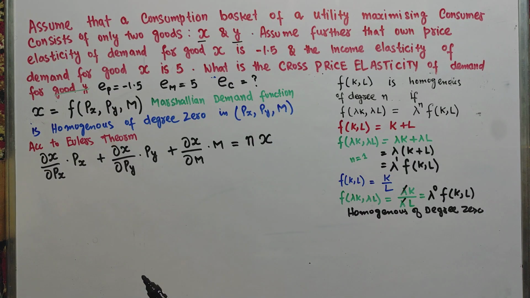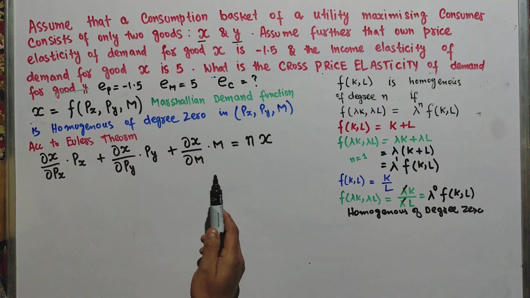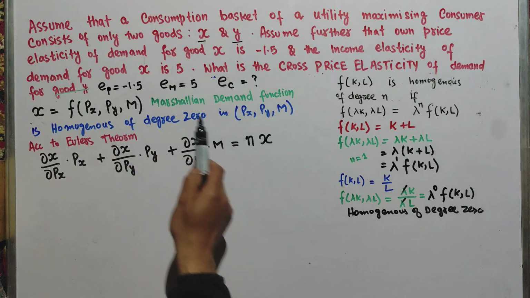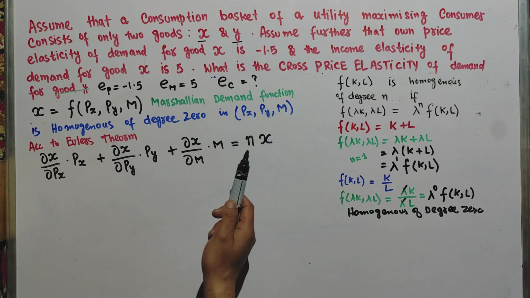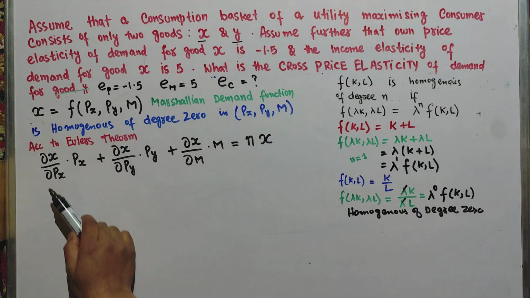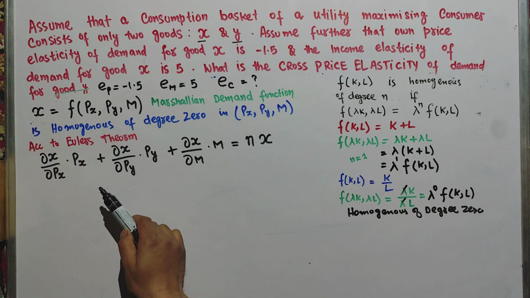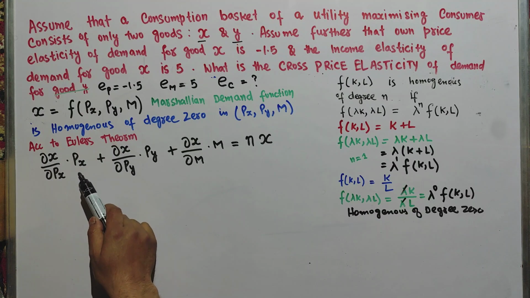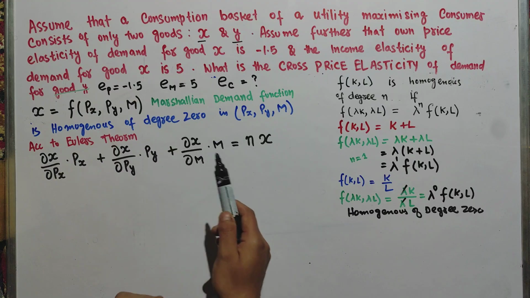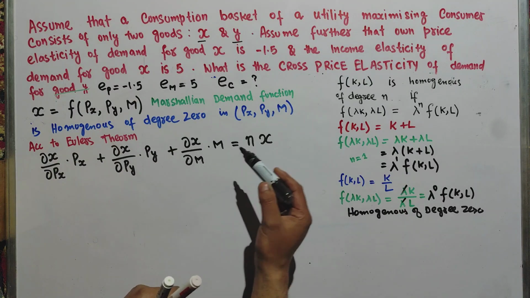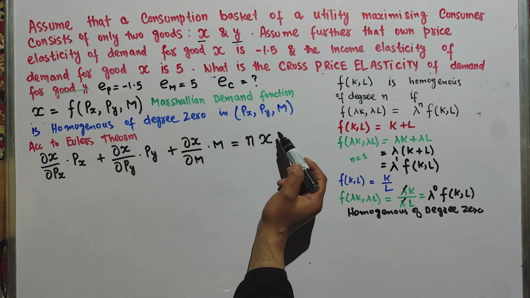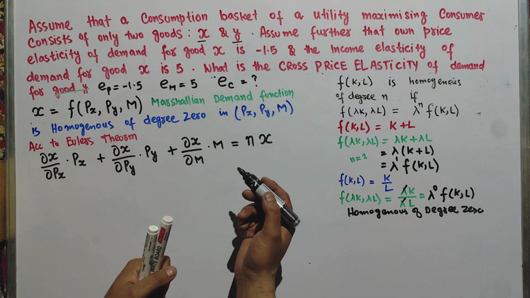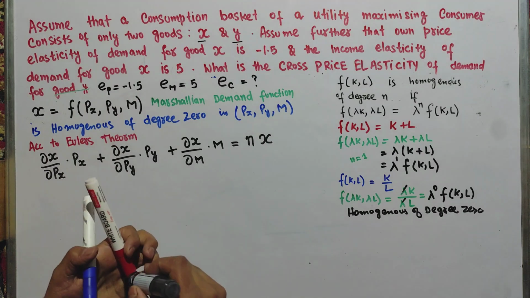That is, if we take the partial derivatives of the homogeneous function, then the sum of these partial derivatives, each multiplied by the corresponding price of X, Y, and M, is equal to n times the given demand function, where n denotes the degree of homogeneity.